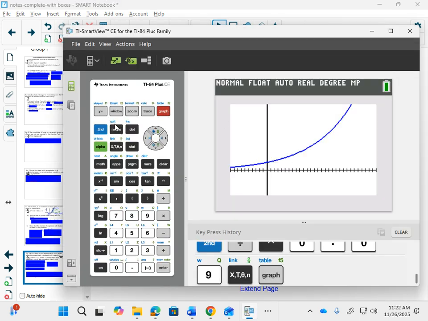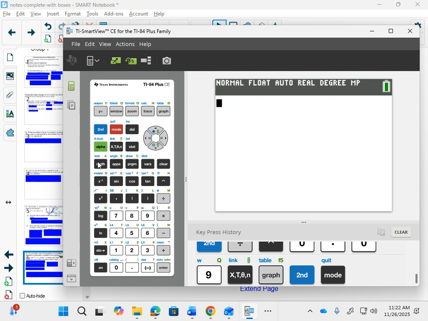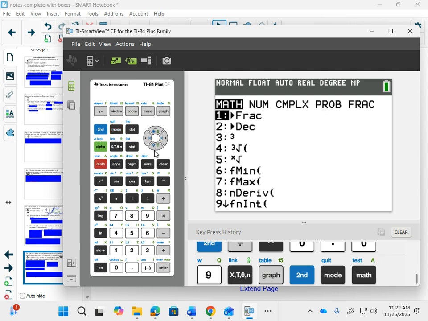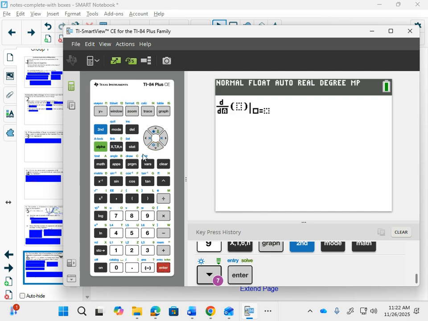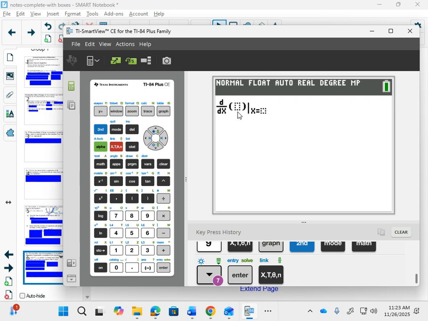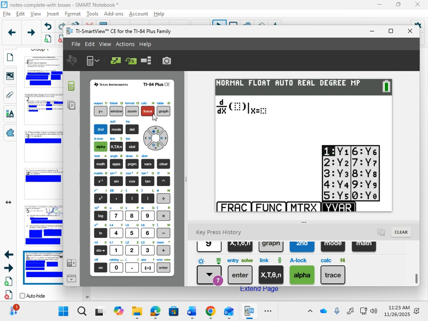And instead of actually figuring out your derivative, you have that under math. I have it as number 8, the nth derivative. And it says, what would you like to take the derivative of? I would like to take d/dx of, and I could either type in the equation that I have, but since I have it in y1, I'm going to go alpha f4.